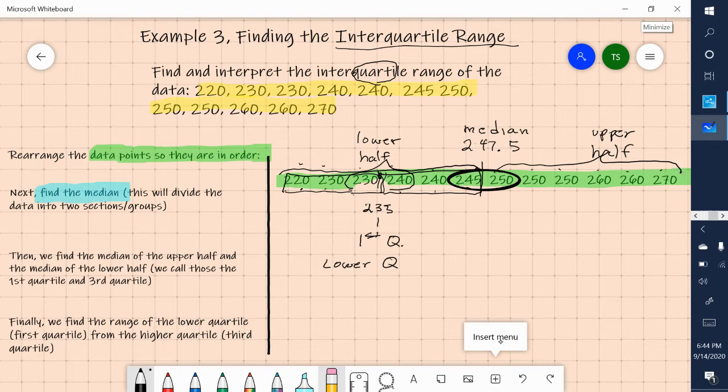We have 6 numbers, so we're going to count 1, 2, 3. And here, 1, 2, 3. Here is our midpoint, so we need to find the mean of those 2 numbers by adding them together. So 250 and 260 is 510. 510 divided by 2, and I'm doing that on my calculator right now.